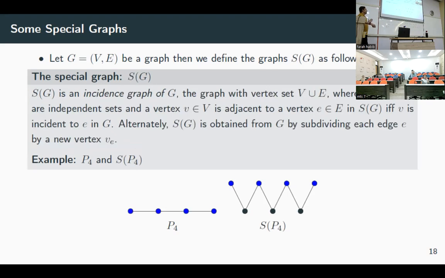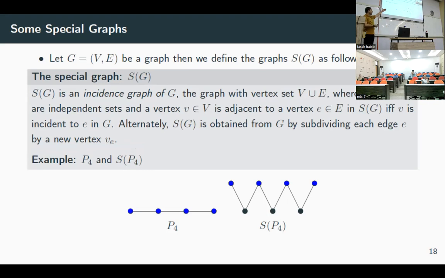Okay. So if I create S of some graph, we can clearly see then these vertices, if I select only these vertices, this is an independent set. If I select these vertices, this is also an independent set. Right? So these two sets are independent.